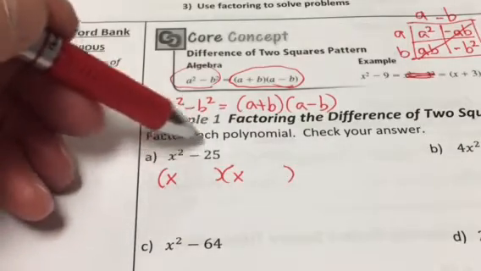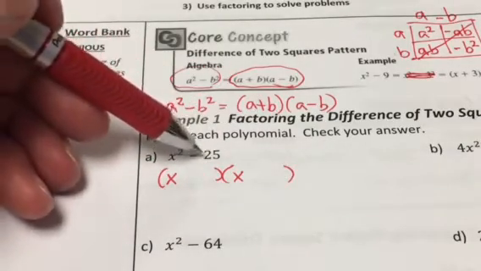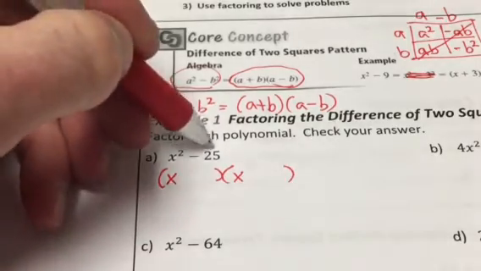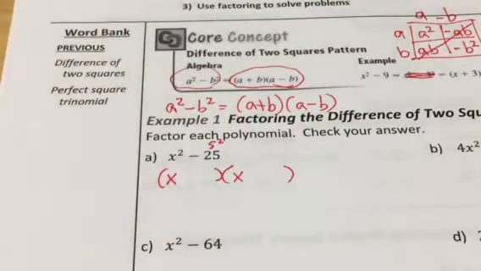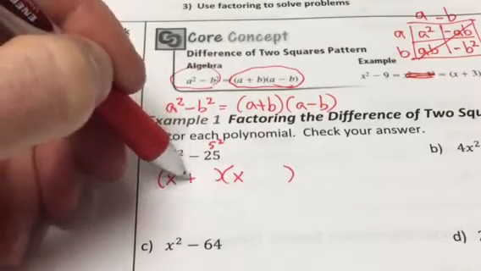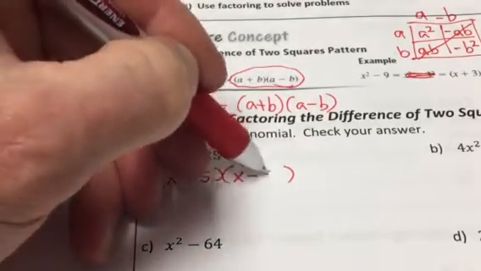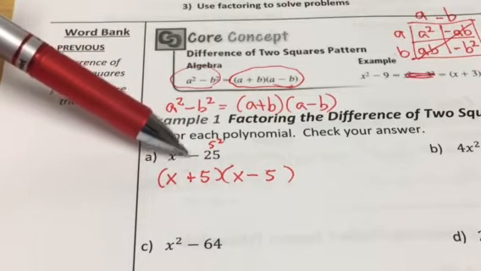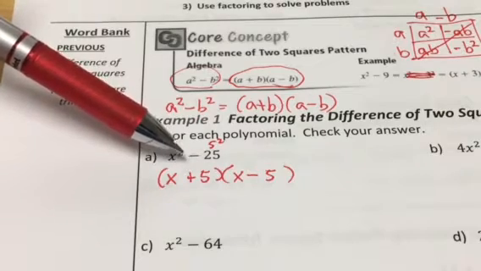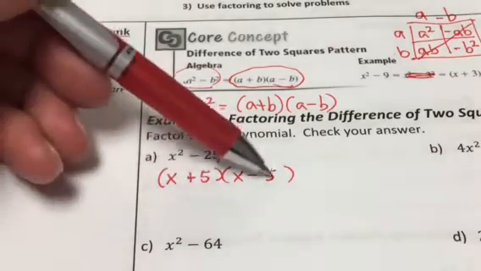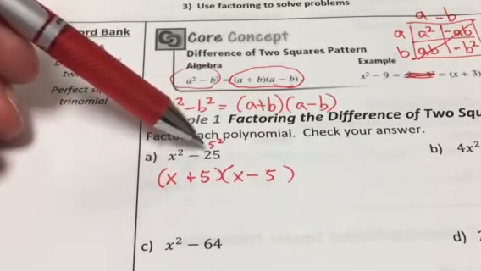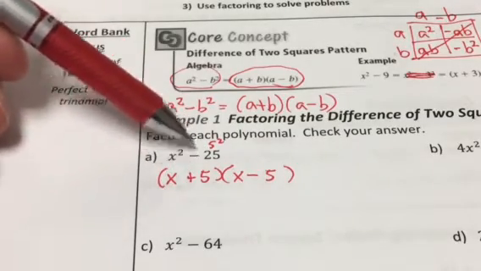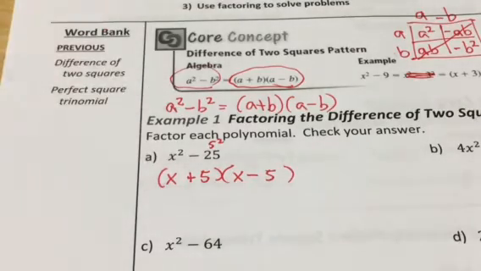And 5 is playing the part of b, because 5 squared is 25. So that means that we can break this down into x plus 5 and x minus 5. Another way to think about it, and we've discussed this before, is that this is a binomial without the middle term that we're used to seeing. So we're looking for a pair of numbers that has a product of negative 25 and a sum of 0. So there it works out.